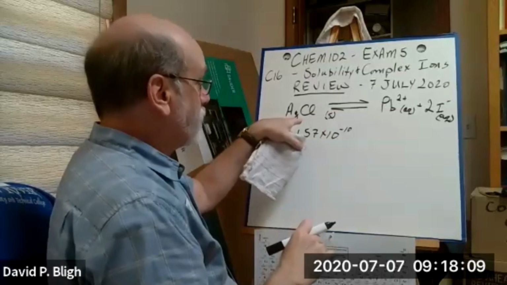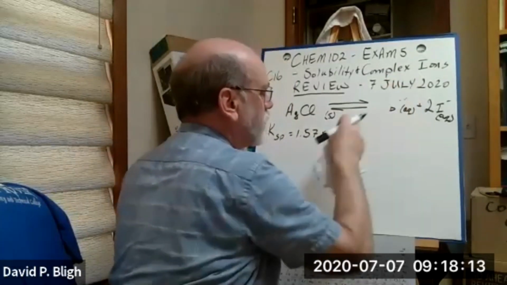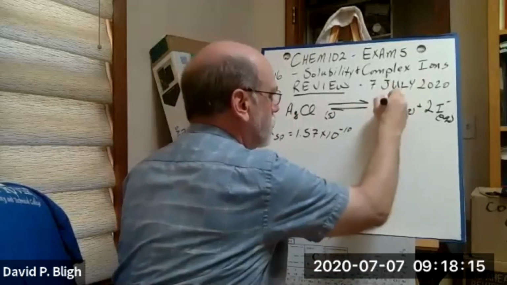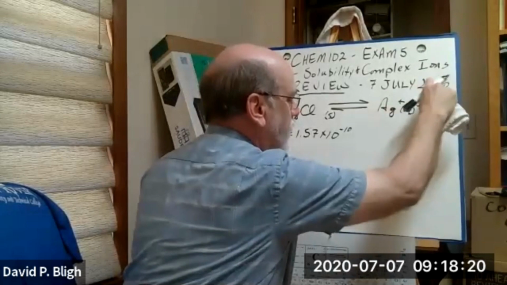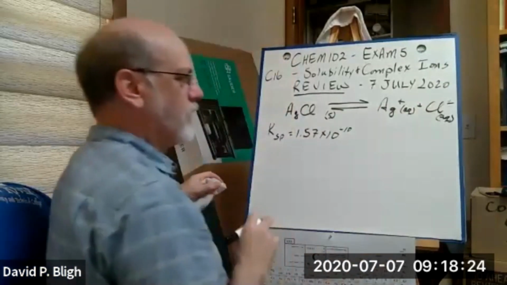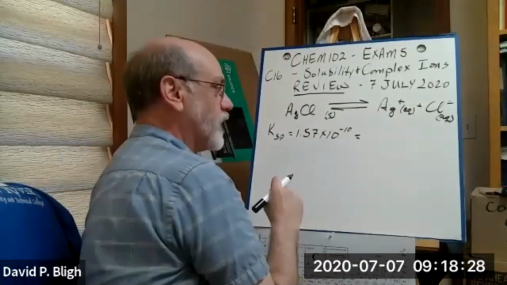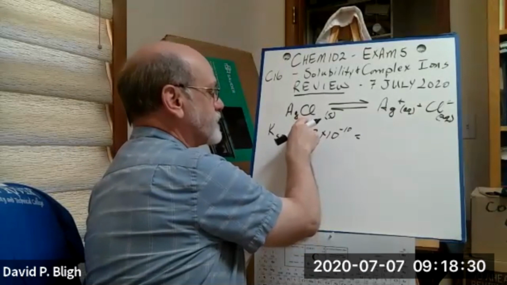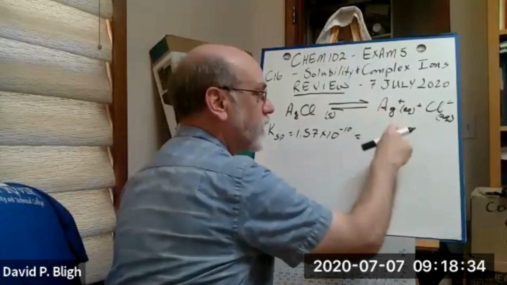So this compound would produce one silver ion with a 1+ charge and one chloride ion with a 1- charge. So we can write our expression as, if this is S, minus S from this side produces one here and one here.